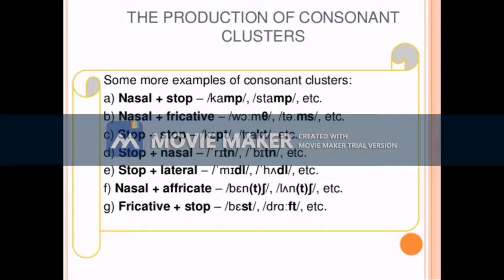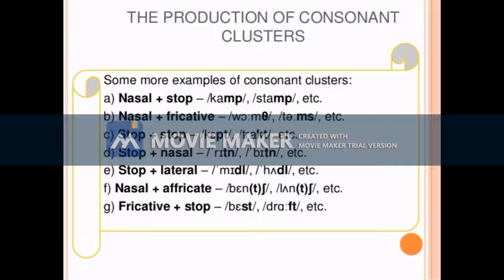Other examples of consonant clusters include the nasal plus stop, for example, camp, stamp, or nasal plus fricative, womb, or Thames. And we have also stop plus stop, for example, kept or tracked.